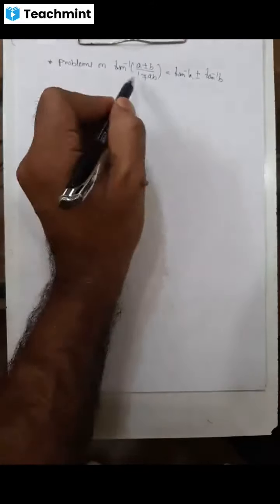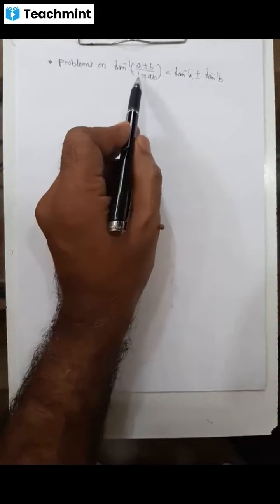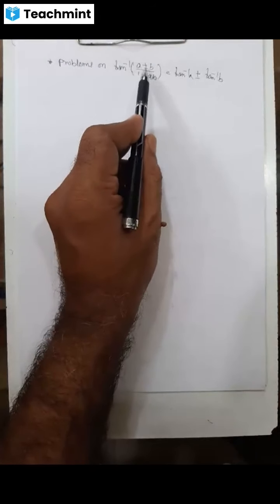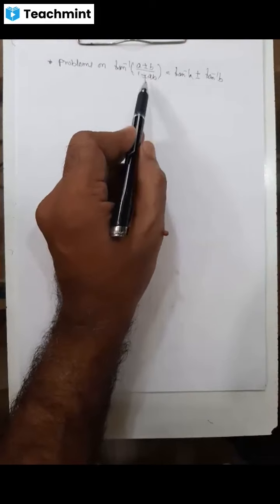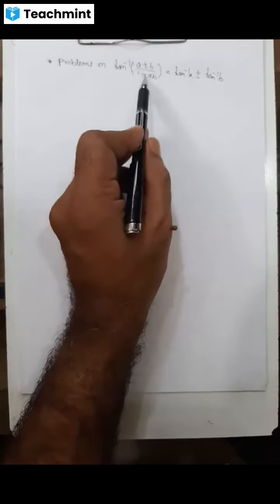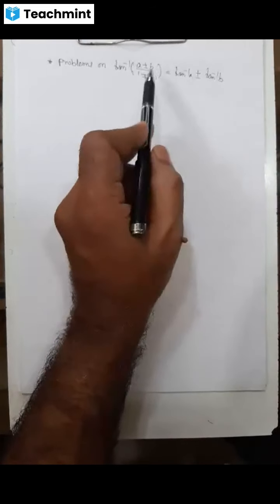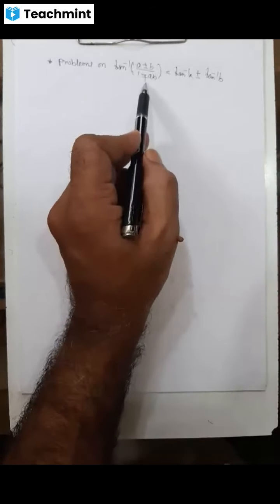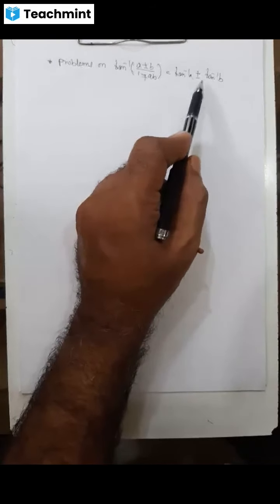If plus sign is in the numerator, then minus in the denominator. If minus sign in the numerator, plus sign in the denominator. So tan inverse of (a plus b) divided by (1 minus ab) is equal to tan inverse a plus tan inverse b. And if I take minus sign in the numerator, plus in the denominator, tan inverse of (a minus b) divided by (1 plus ab) equals tan inverse a minus tan inverse b.